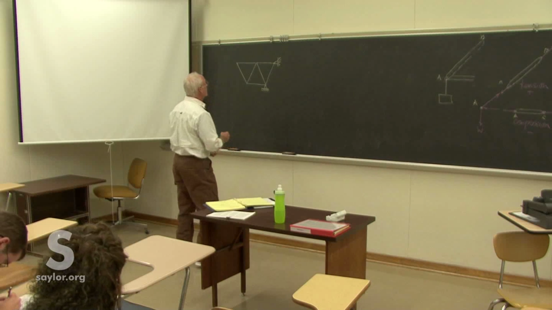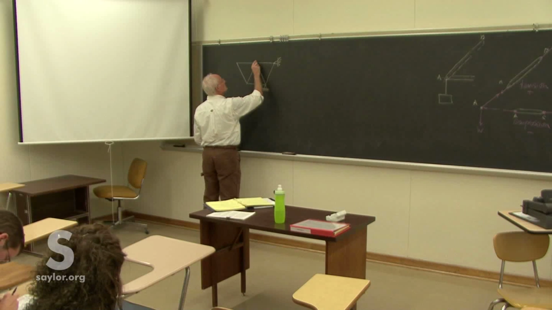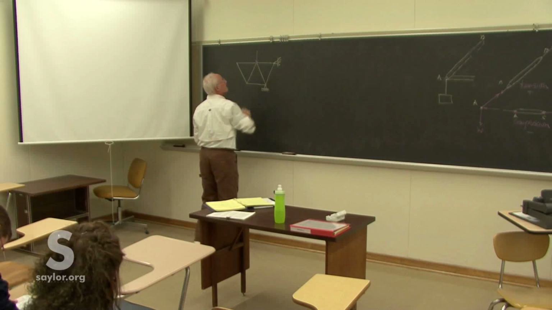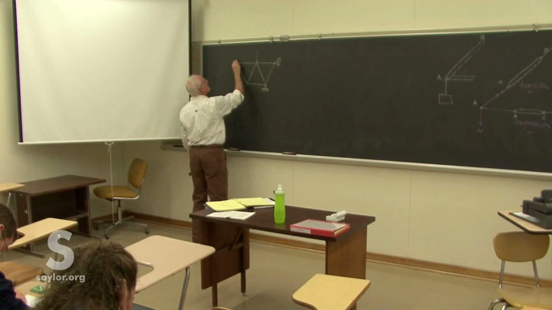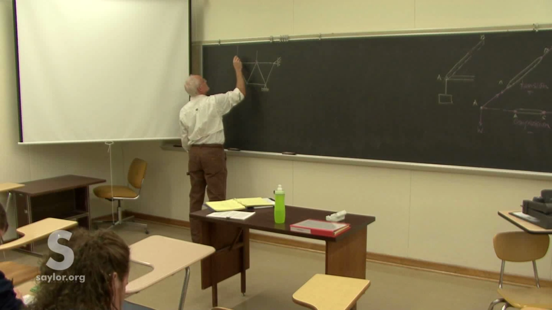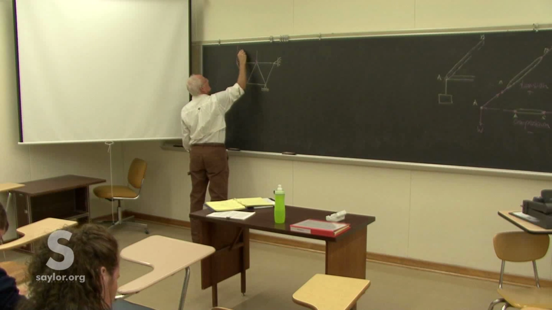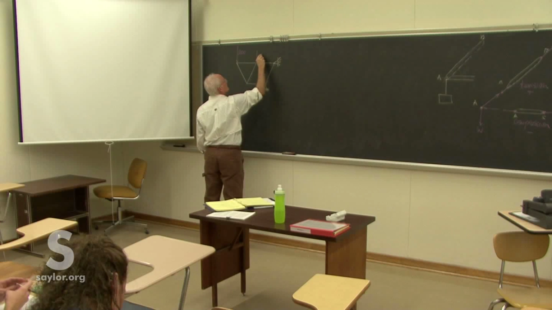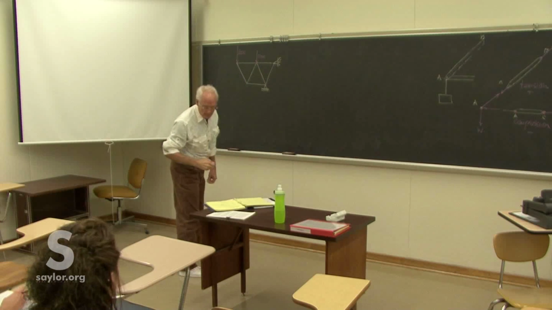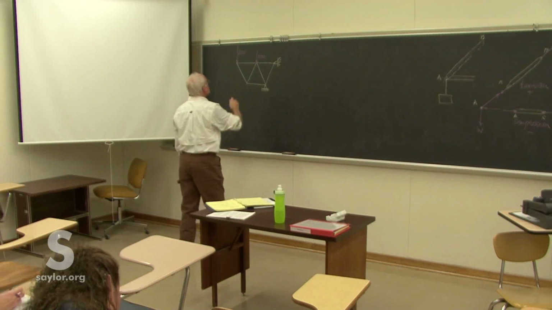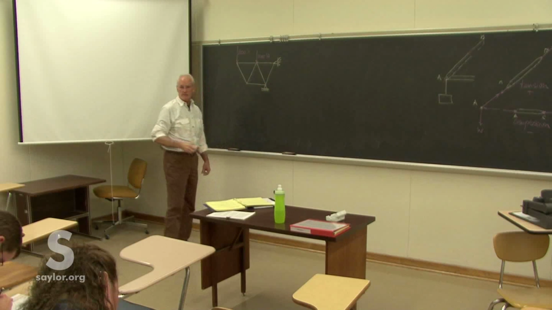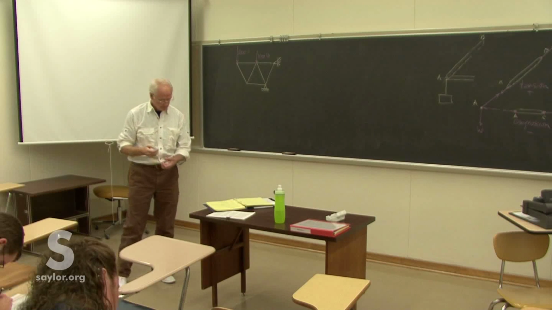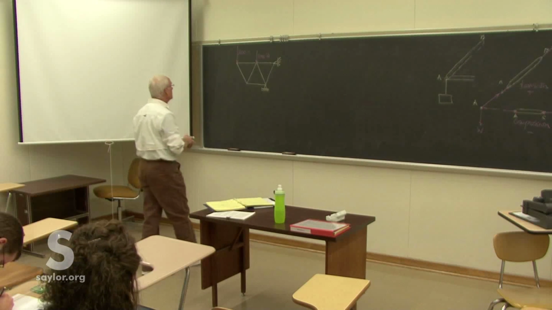We'll be able to solve those problems later, next term, just not now. And then there's two loads on this from whatever source. Maybe there's another story in the building above. And each, this is in pounds and all the measurements will be in feet. Okay, so there's the basic setup.